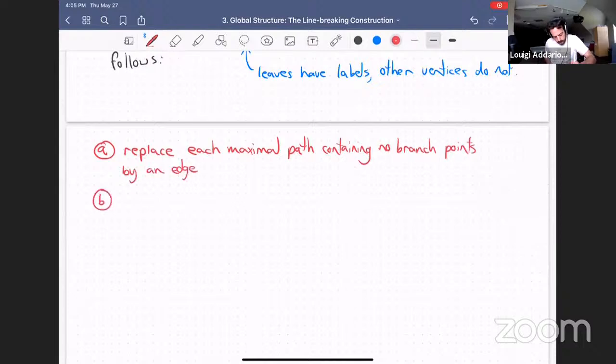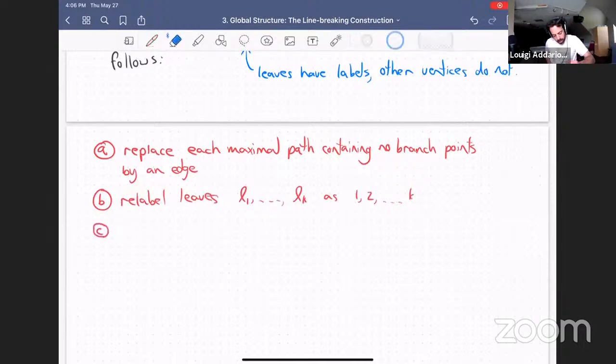Second, we relabel the leaves just by their ordering. And then we remove the non-leaf labels.